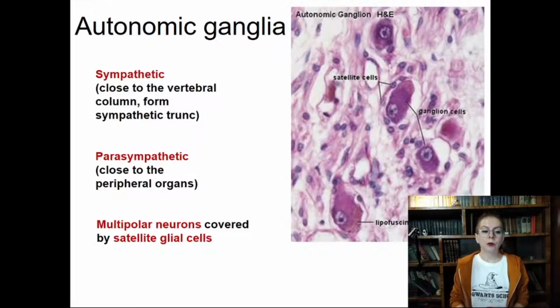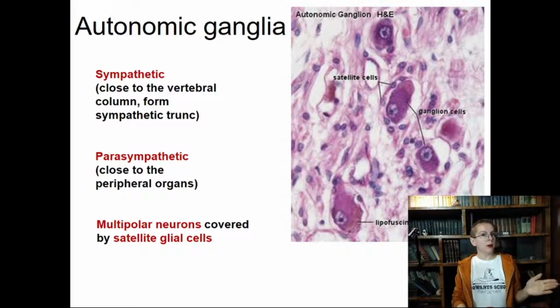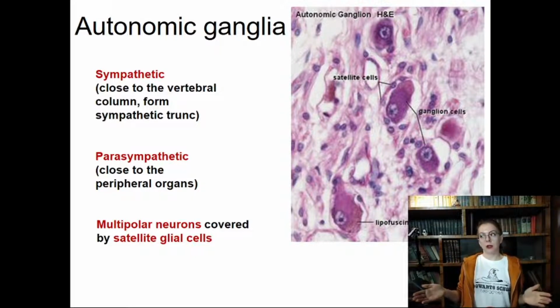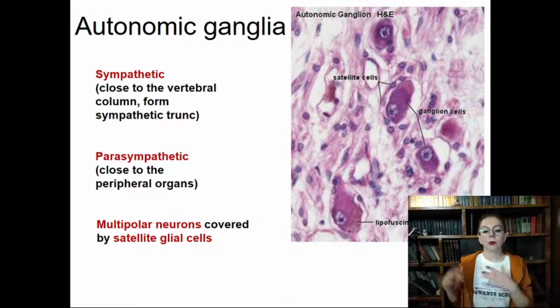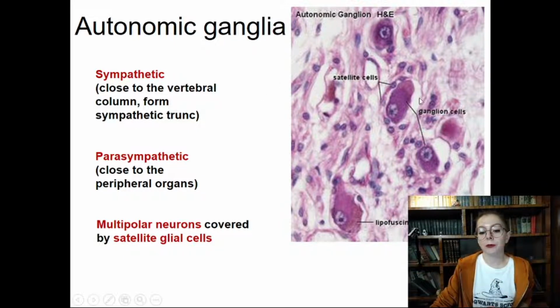Then, as for the autonomic ganglia, sympathetic and parasympathetic, they belong to the autonomic nervous system, and they have almost the same structure, except neurons are multipolar in this case. And look at the specimen here, multipolar neurons and satellite cells around them.